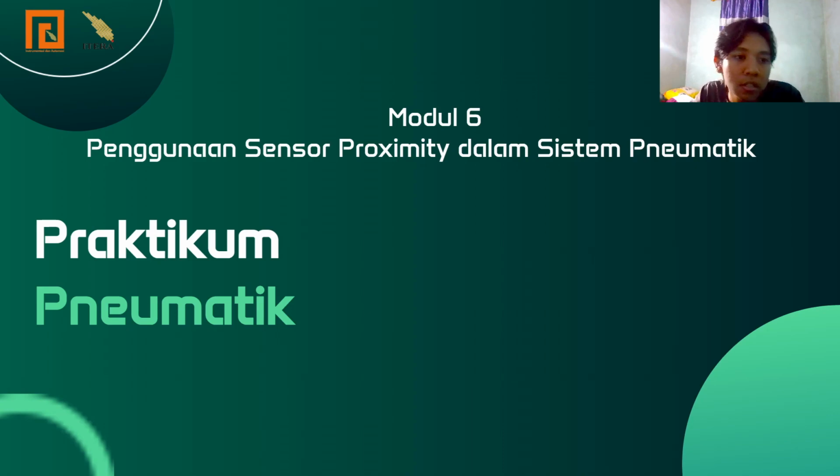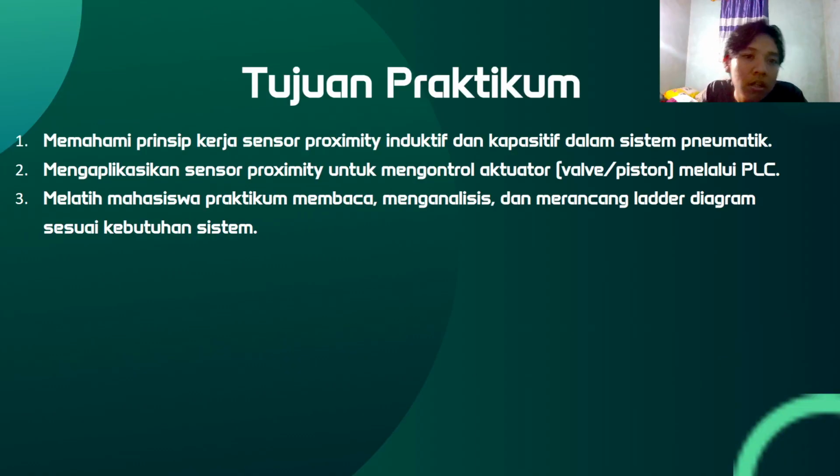So first, this is Module 6 from the Pneumatic and Hydraulic practical. This is the proximity sensor for pneumatic systems. This is the purpose of this practicum. The first one is we should know the principle of inductive and capacitive proximity sensors in a pneumatic system.